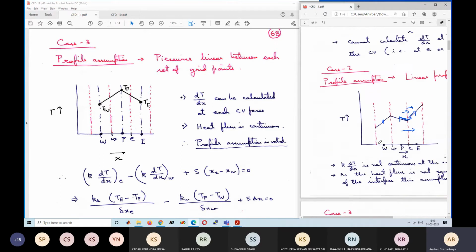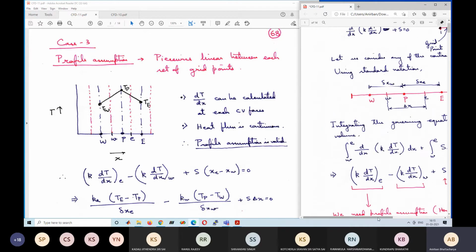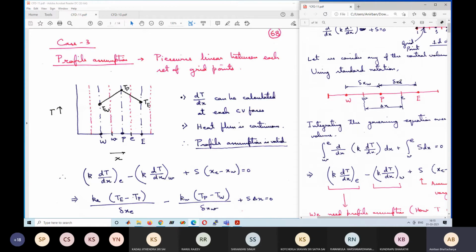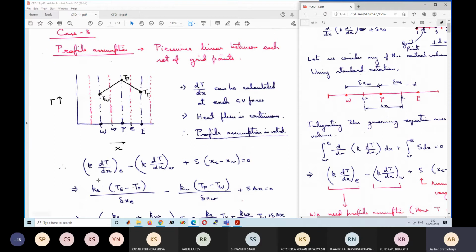If you remember the geometry, this distance from P to E is delta xc. So Te minus Tp by delta xc, and ke into Te minus Tp by delta xc. So we can calculate dT/dx at each control volume face, and heat flux is continuous.